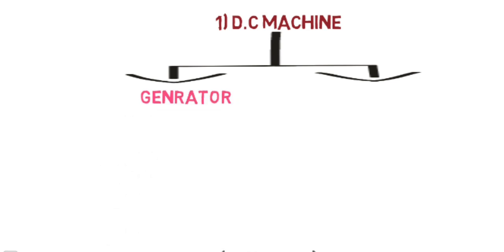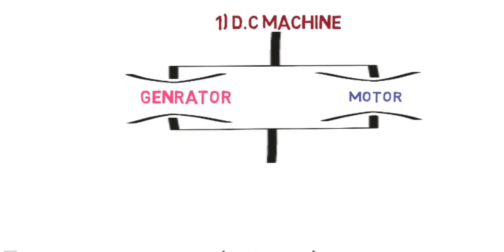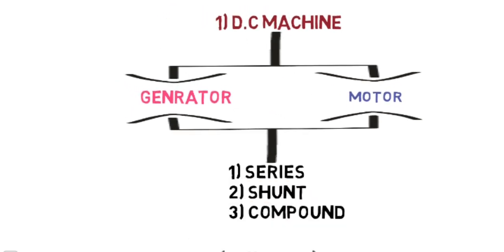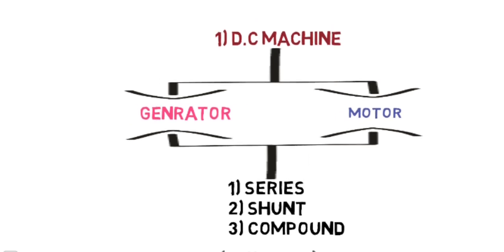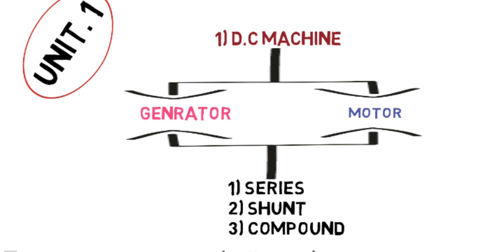The generator and motor are further classified with the same names: series, shunt and compound. That means series generator, shunt generator or compound generator, or DC series motor, shunt motor or compound motor. This is our unit first, which will be covered in upcoming videos.